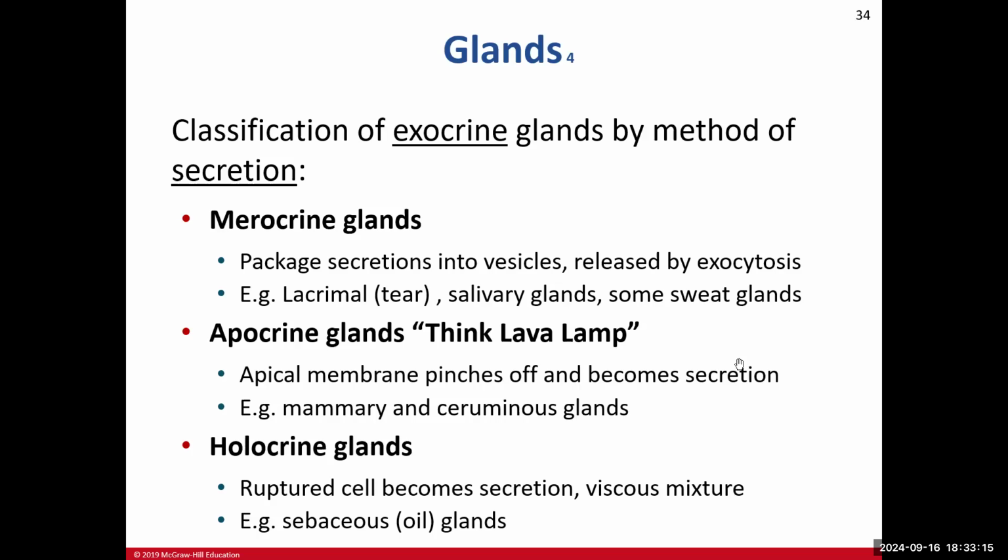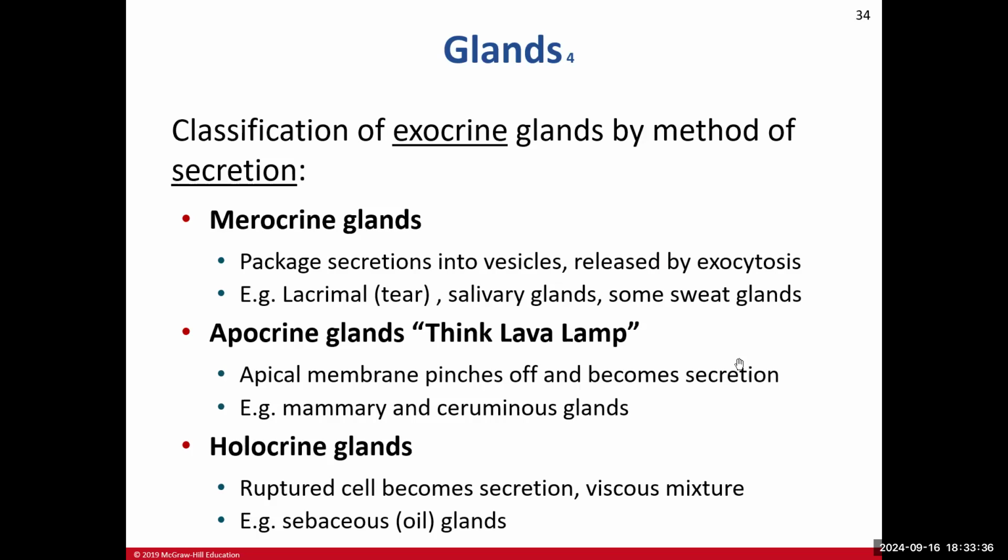And this slide is just a rehash of what I was talking about for the glands. When we talk about our exocrine glands, we classify them by the way they make their secretions, how they secrete their material. The merocrine glands package stuff up and release it through exocytosis.